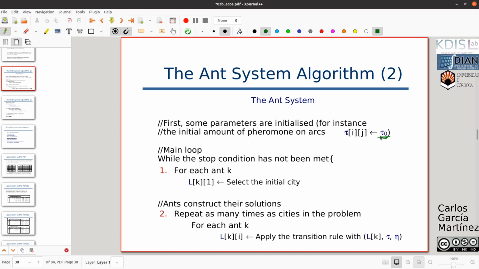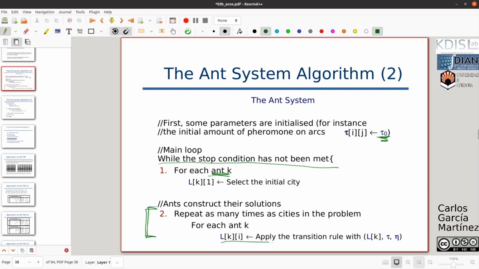At the beginning, this amount of pheromone is this value, and afterward we got the main loop where ants are situated in the first city, and they wander on the graph, constructing a circuit for the problem, which is done in this step.